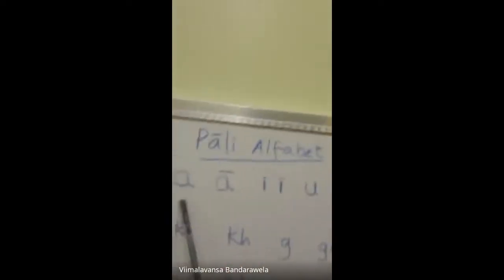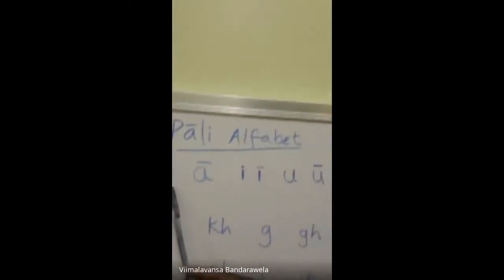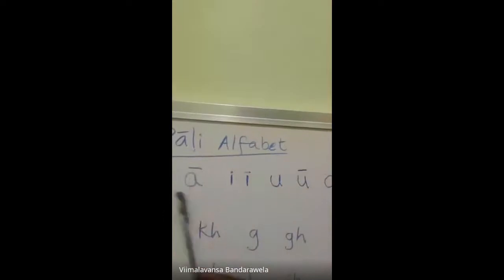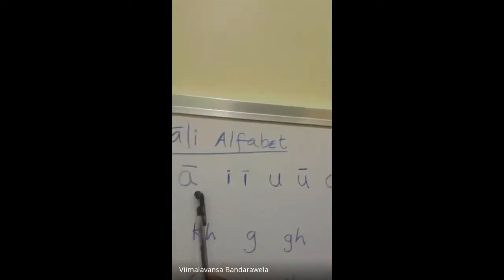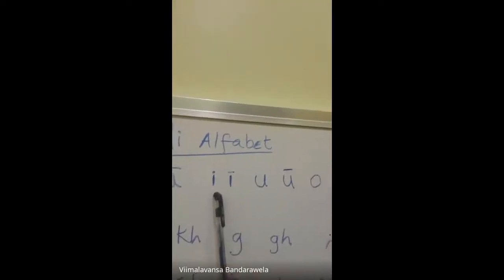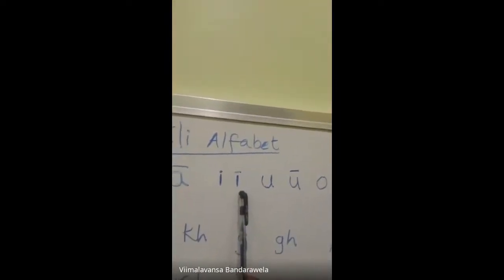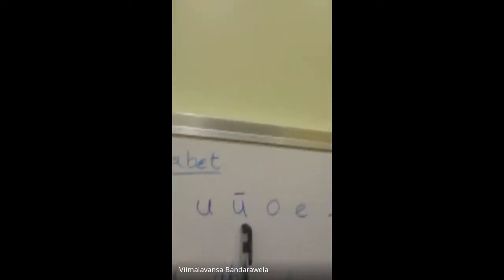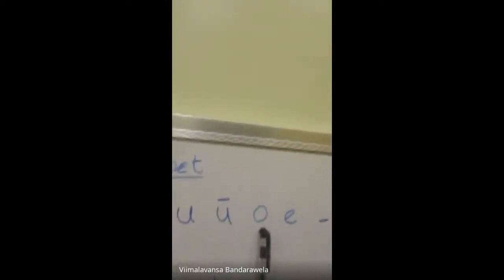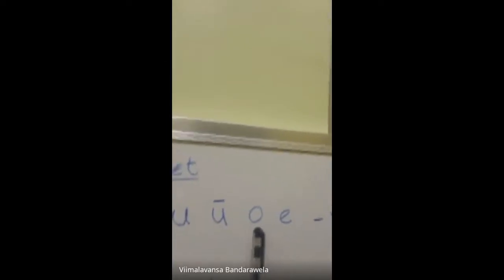You see this A, this long A. Then I, this is I, and U, this is U, and then this is long O, no short O in Pali.